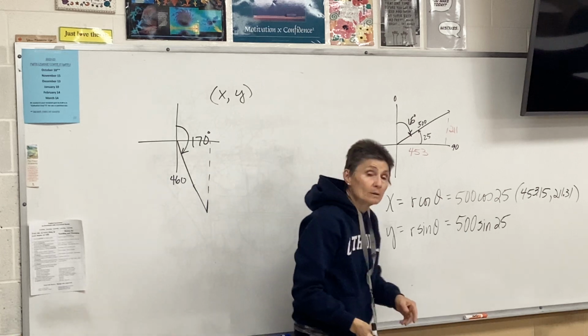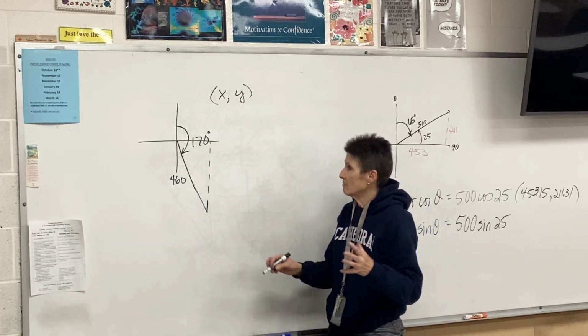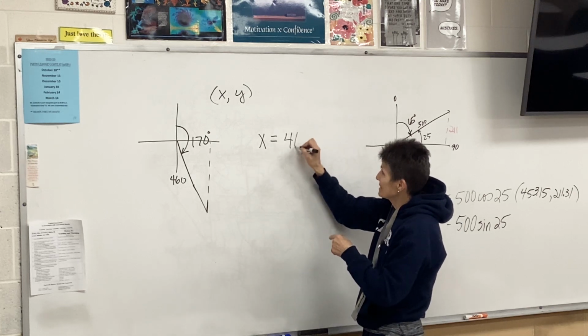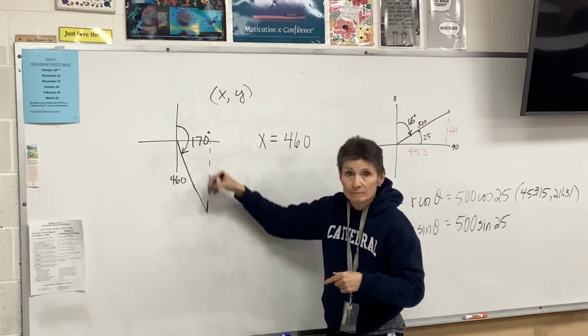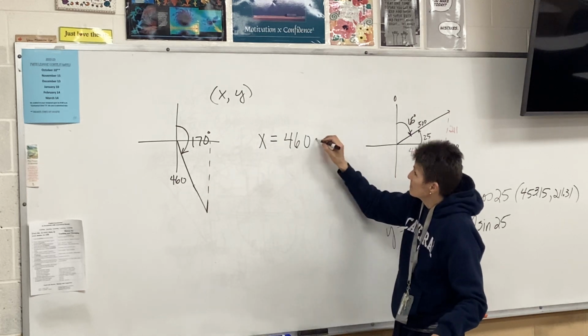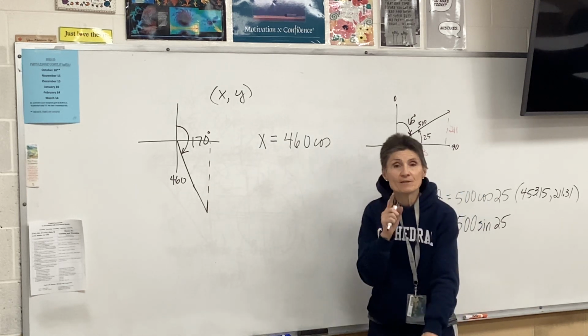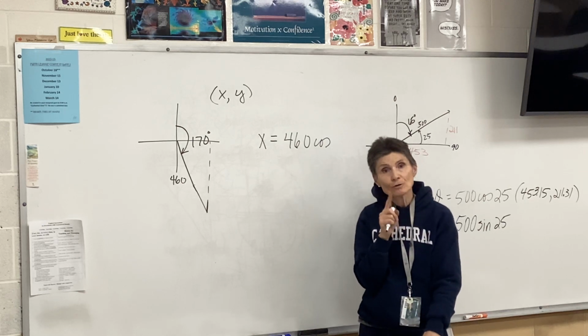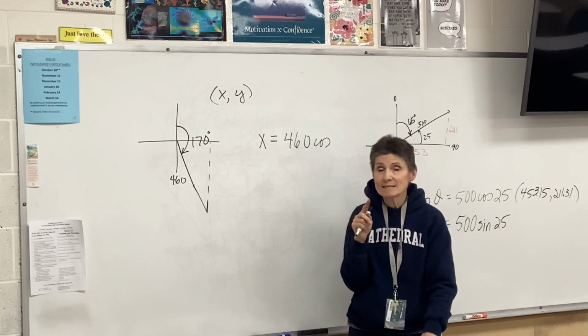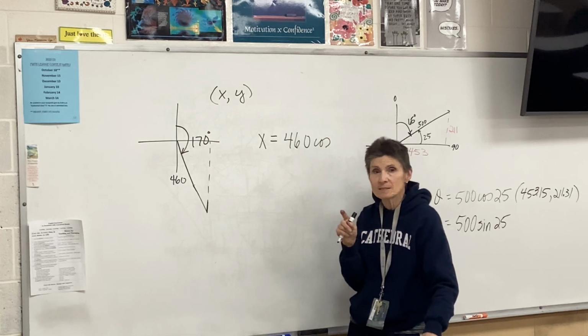Now, we just talked about the fact that x is going to be 460, that's the magnitude, that's a speed, right? Times the cosine of the angle in standard position. Do not use 170. 170 is not in standard position.